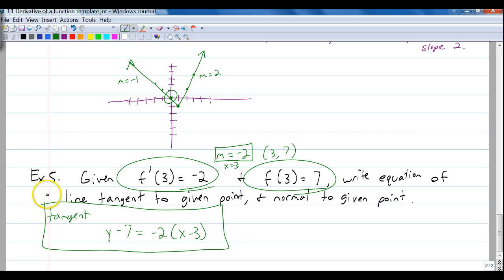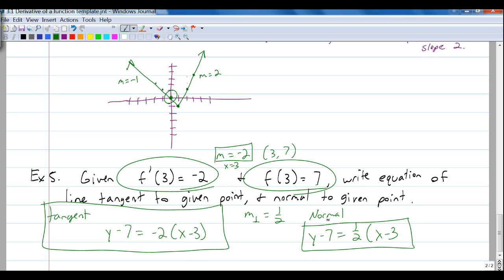And then for the normal, we have to get the perpendicular slope, which in this case is 1/2. So the normal line is y minus 7 is equal to 1/2 times x minus 3. Okay, so again, same thing we did in the last section, just with different notation, but it's the same thing. Alright, good job.